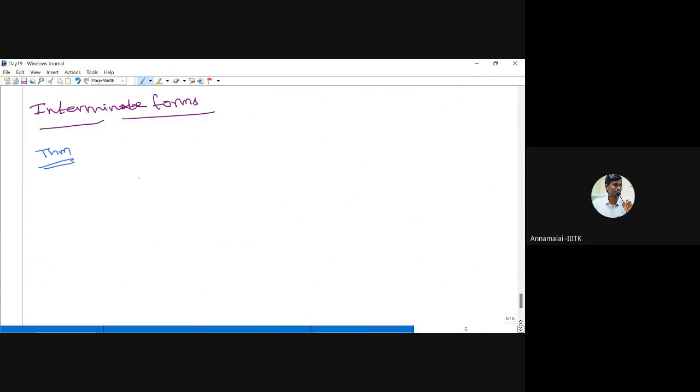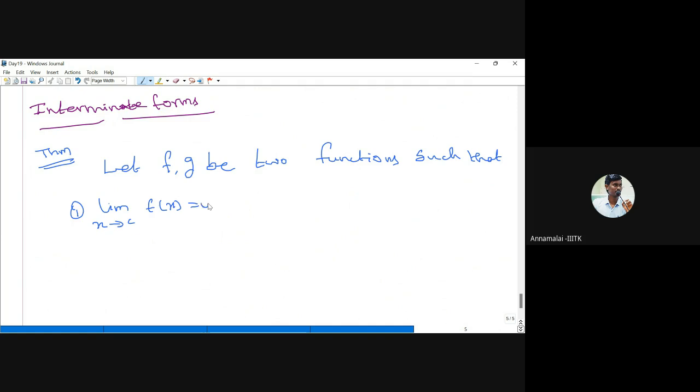Suppose we have two functions f and g. So let f, g be two functions such that first, the limit as x goes to c of f of x is 0, and the limit as x goes to c of g of x is also 0.